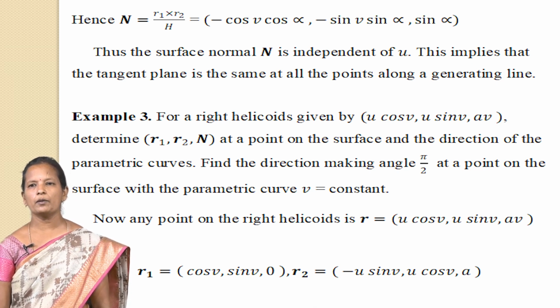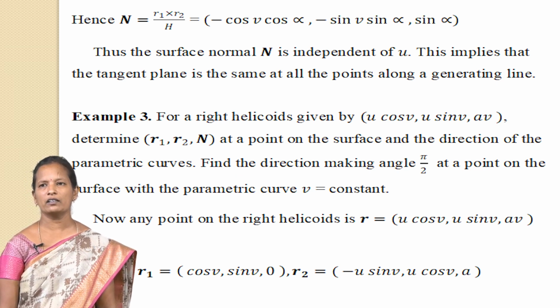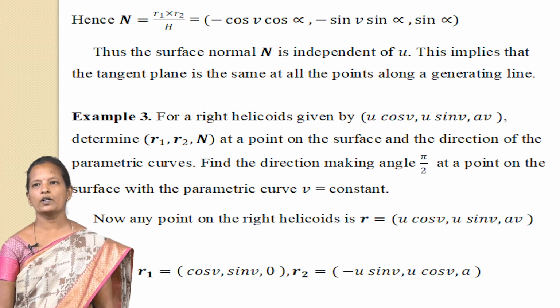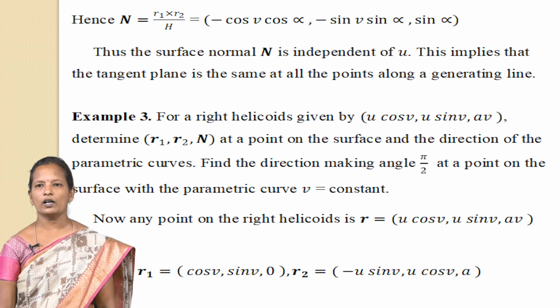Now, any point on the right helicoid, take it as the R vector for a right helicoid given by R vector equal to U cos V, U sin V, A V. You know well the position vector R vector is equal to X comma Y comma Z, isn't it? So R1, what does R1 mean? Yes, very good. Differentiate the R vector with respect to U. That is R1 is equal to cos V into 1, sin V into 1.